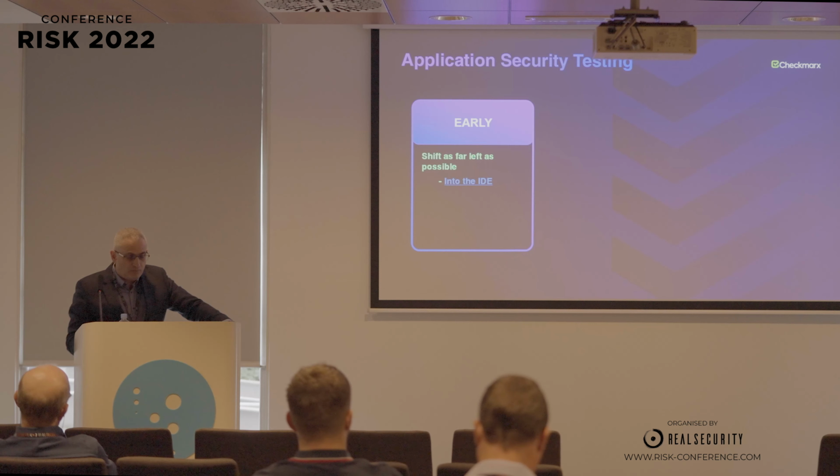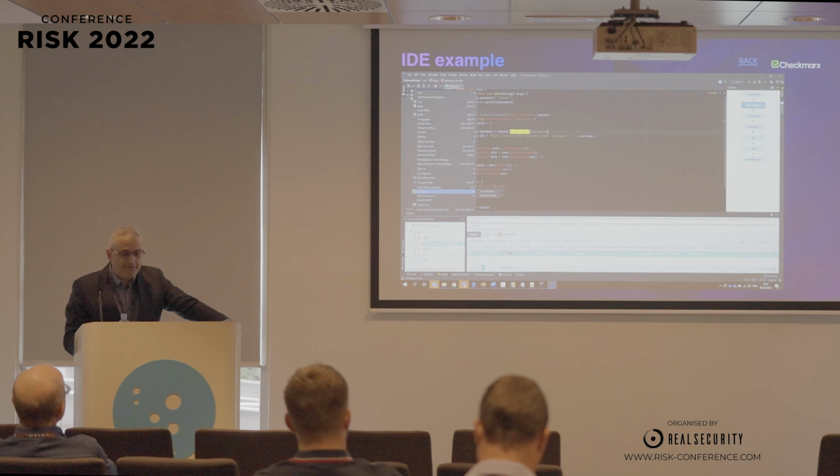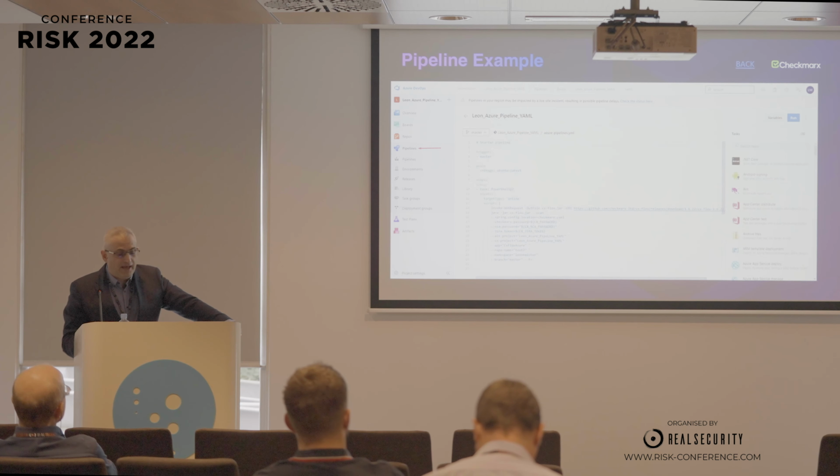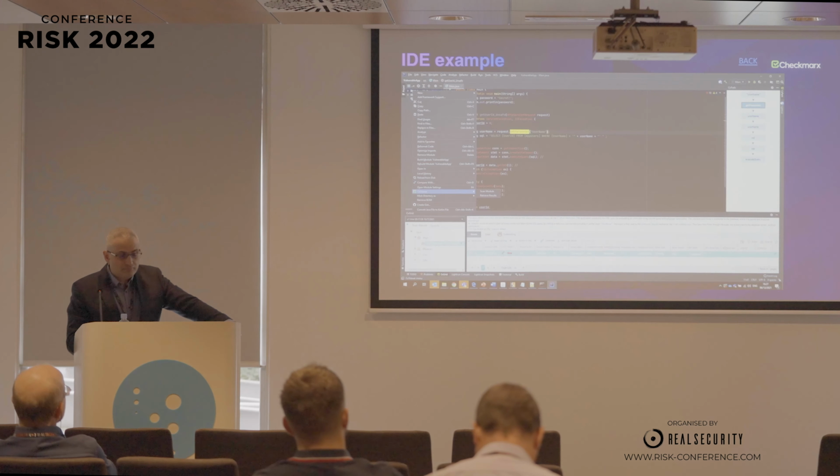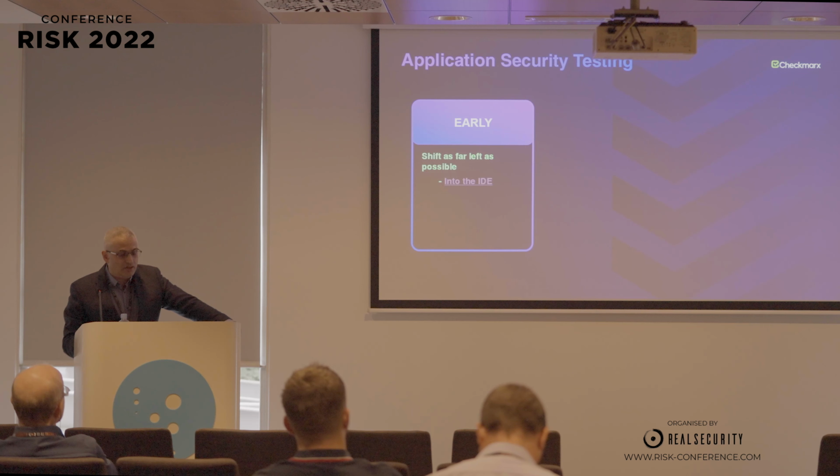For example, put it in the IDE. You can run the scan in your IDE environment and receive results ongoing, so the developer will be able to see results as soon as possible. By this approach, we resolve the issue of doing it as early as you can.